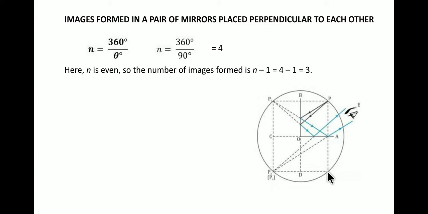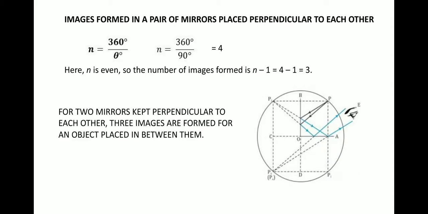If this point is also to be shown over here, then the image formed will be exactly at the same point. Thus we can say that the images formed are 3 in number: the first image, second image and the third image. So when the two mirrors are placed perpendicular to each other, then the number of images will be 3. So for two mirrors kept perpendicular to each other, 3 images are formed for an object which is placed in between them.